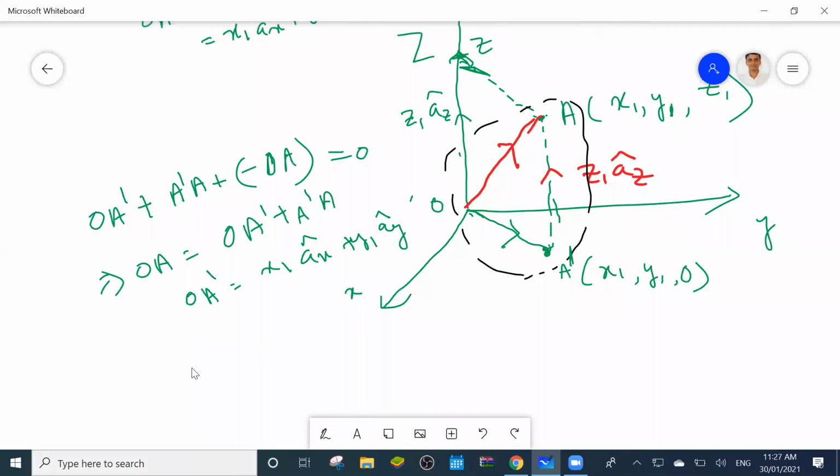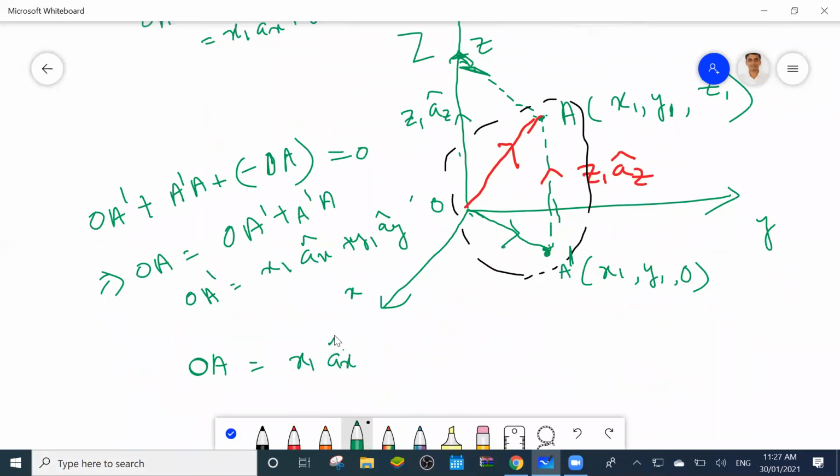So now in place of OA dash, the position vector OA equals OA dash, I can write X1 X cap plus Y1 AY cap plus, what is the value of A dash A?